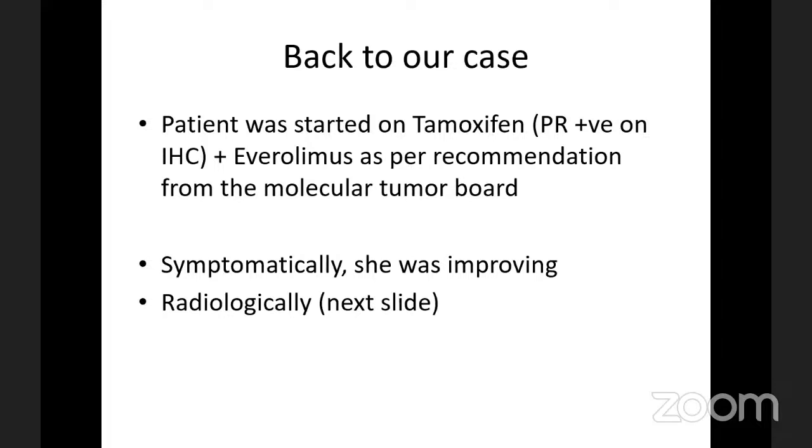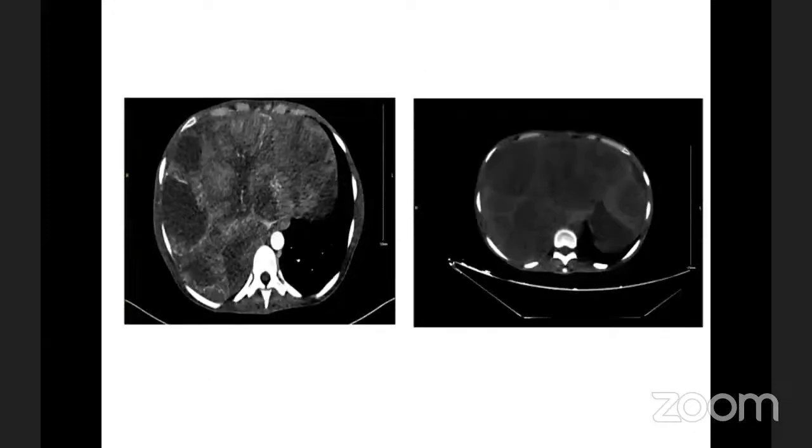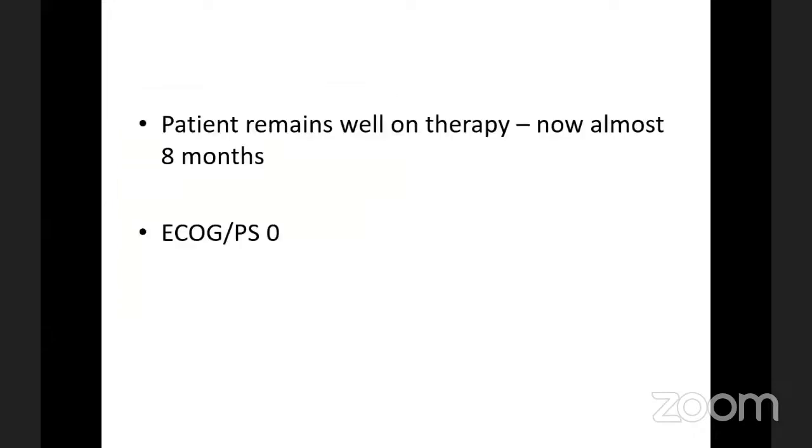Symptomatically, the lady was actually improving. And radiologically, I apologize about the long report. However, the conclusion of this is that there was a significant partial response of this patient. So she did respond radiologically and clinically beautifully. And this shows you how significant of a reduction in her liver metastases has happened.